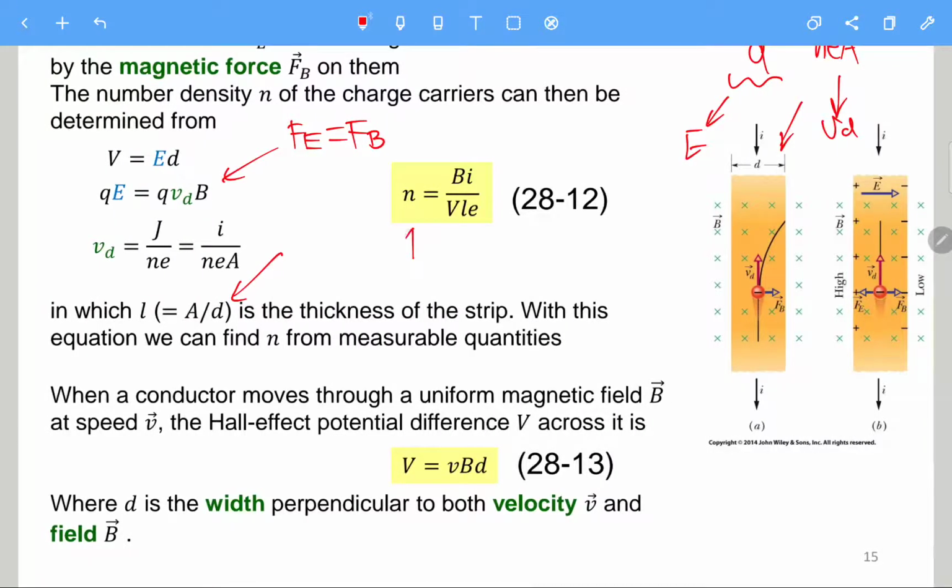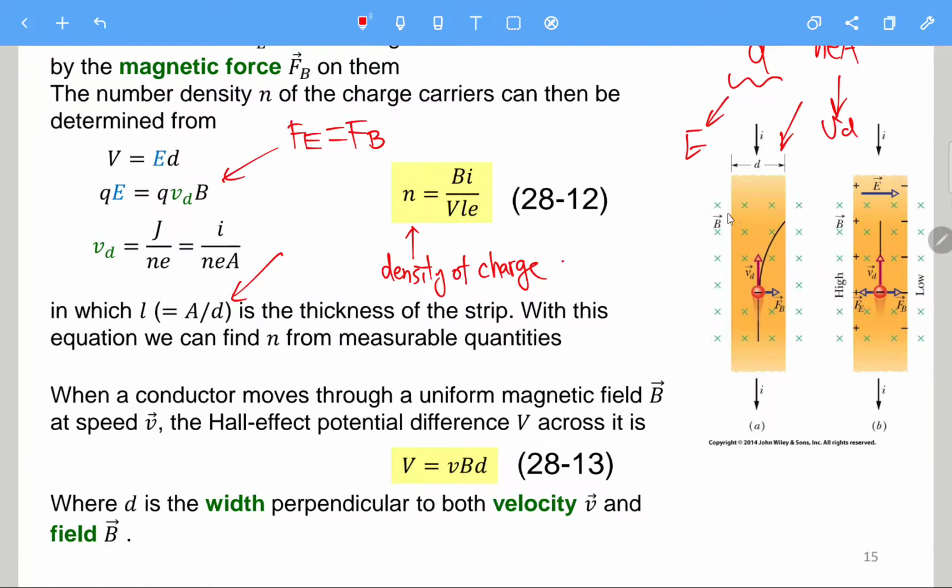So actually, this is the density of the charge carriers, which can be determined by B. We can control the magnitude of the magnetic field. I we can also measure.